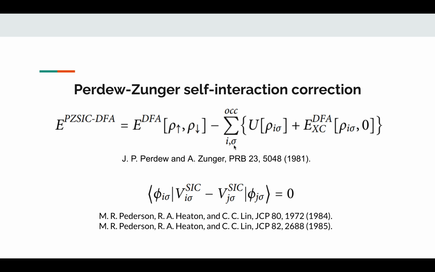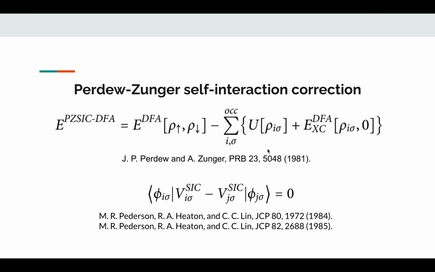Now notice that those self-Hartree terms and self-exchange correlation terms are dependent on the orbital density rho of i sigma, which means depending on which rho of i sigma you use, you may get a different amount of the SIC energy.